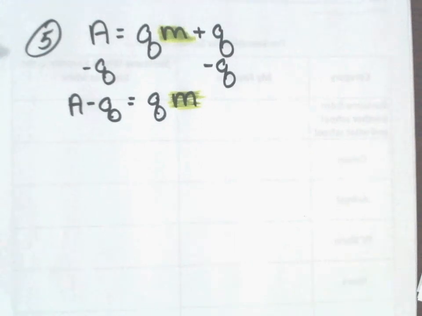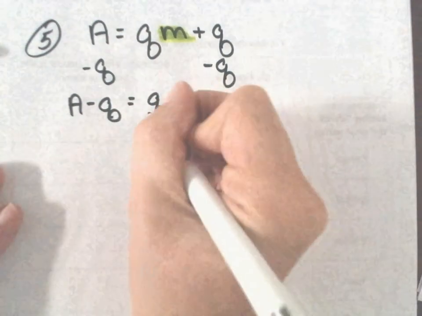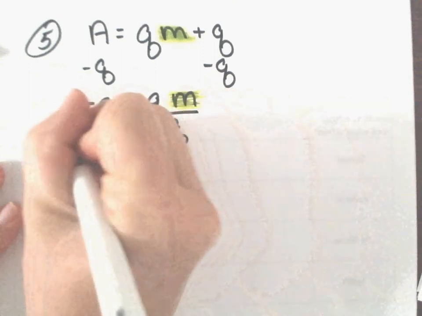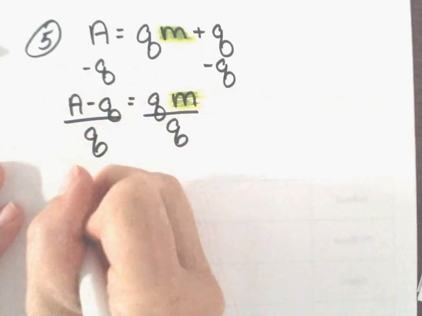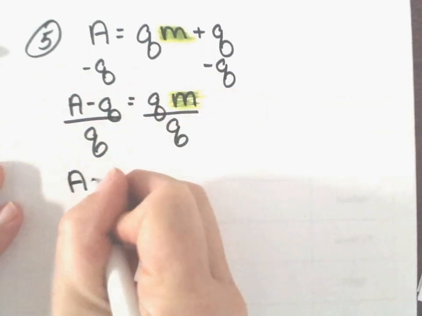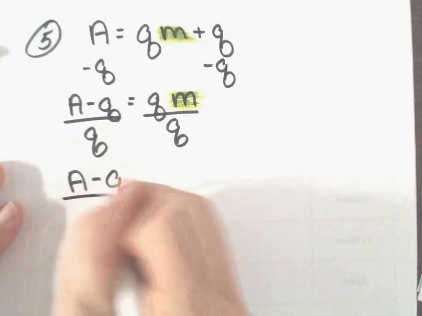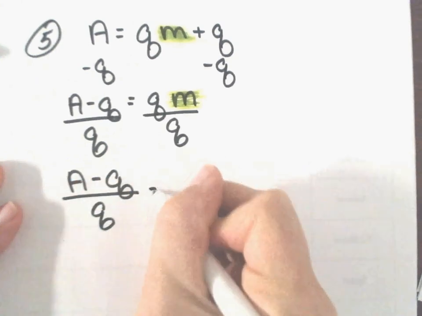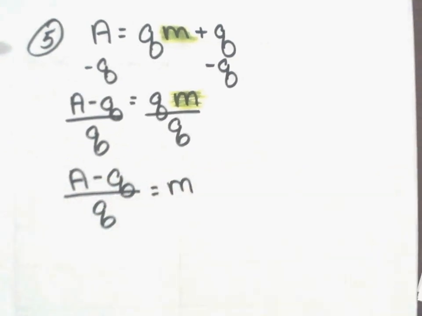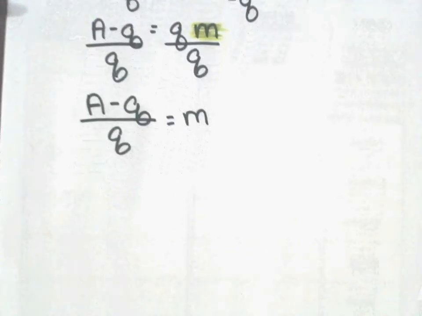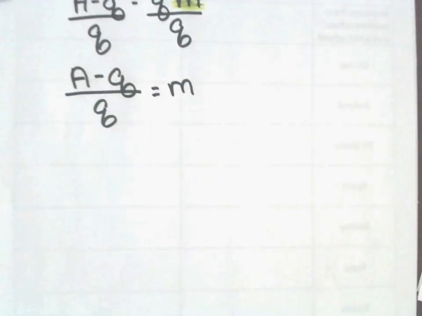Okay? Now I need to get the M by itself. So how do I get rid of the Q that's with the M? Divide by it. And so we will have capital A minus Q divided by Q equals M. Now, I want you to write the 2 equivalent forms to this answer.